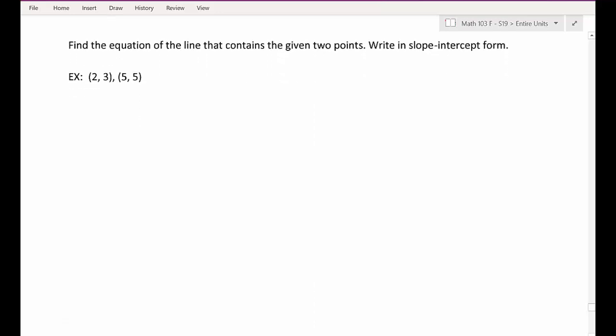In our last example, we want to find the equation of a line that contains 2 given points. Well, in order to write the equation of a line, you have to have 2 things.